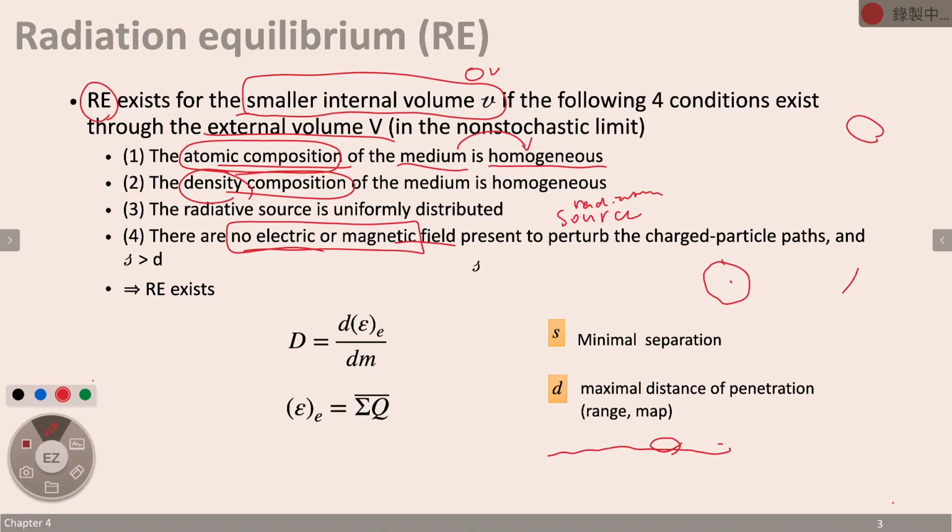The last one, I'm sorry, I did not mention it here: S is greater than D. S is the minimum separation of the volume of your region of interest for radiation dose, and D is the maximum distance of perturbation, such as charged particle range.